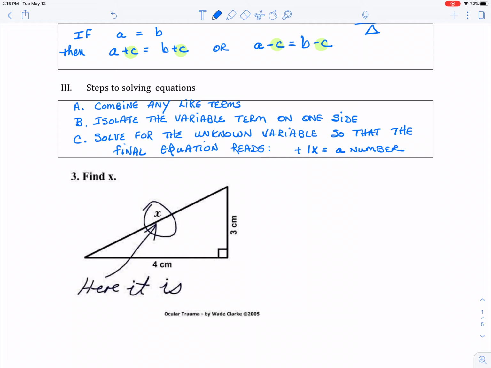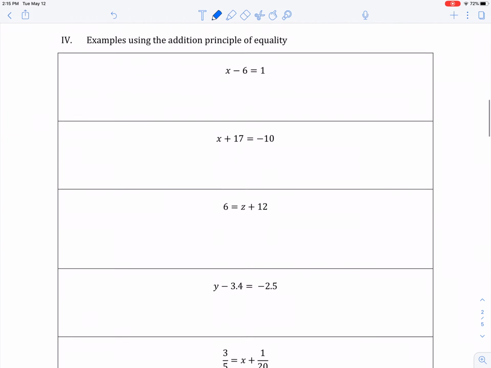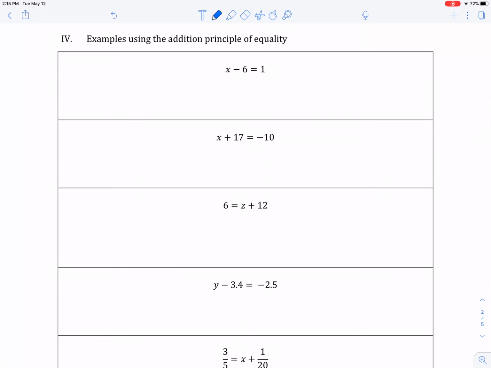So let me see if I can put these principles into practice. I'm going to scroll down. We're going to see some equations that are in that simple Ax plus B equals C form. I'm noticing that on the left side, I see the variable x, and I want to get that isolated.